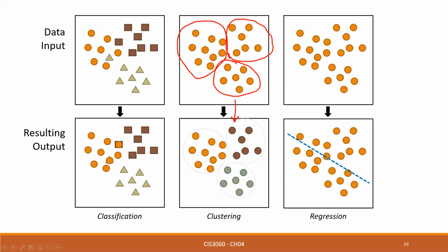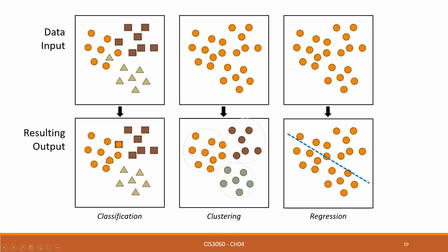And we can see how that translates below. It's a lot like classification, except that in classification, it wasn't naming them as clusters, but more naming them as circles, squares, and triangles. So it's slightly different, yet similar.